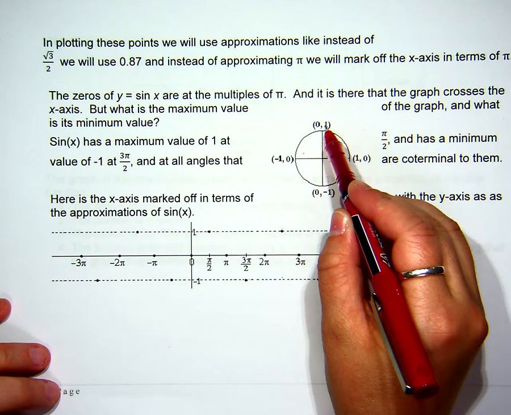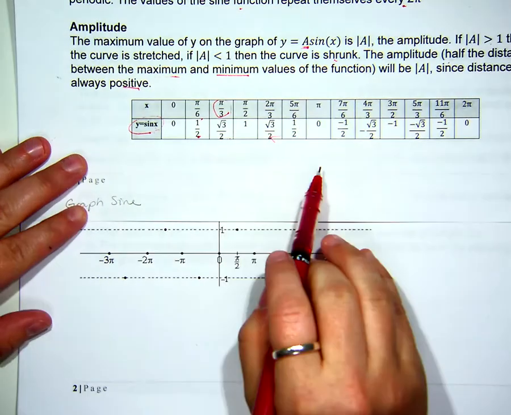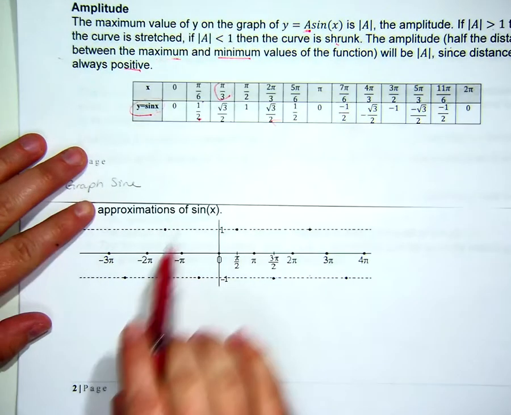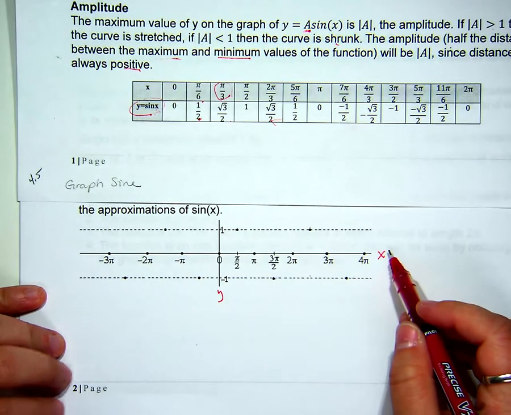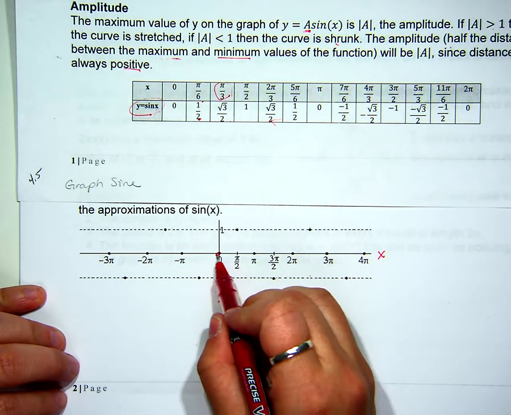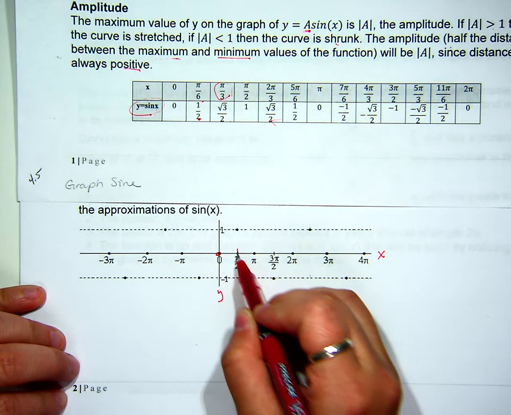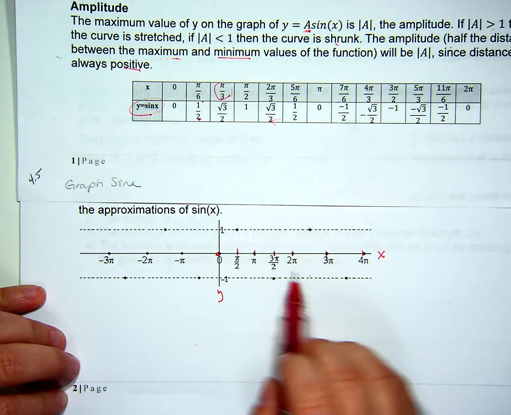Now, if I look at the points that we came up with, and I take my x-axis and mark it off in terms of pi: 0, pi over 2, pi, 3 pi over 2, 2 pi, 3 pi, 4 pi. If I mark it off in terms of pi, I can mark the coordinating points that go with it.